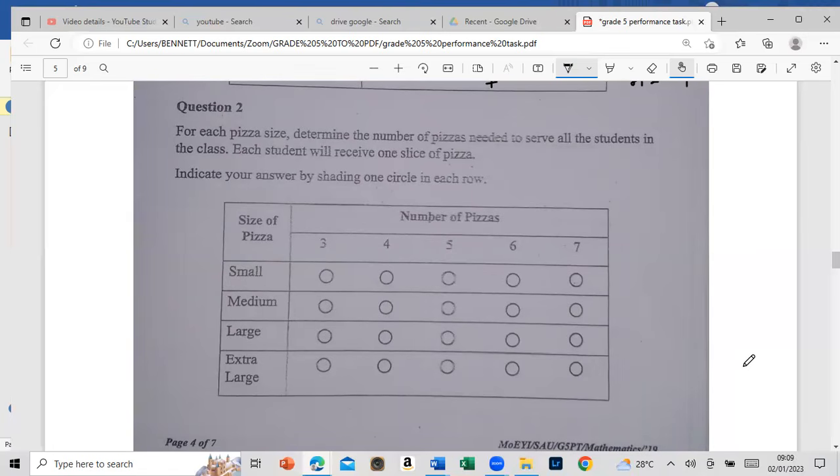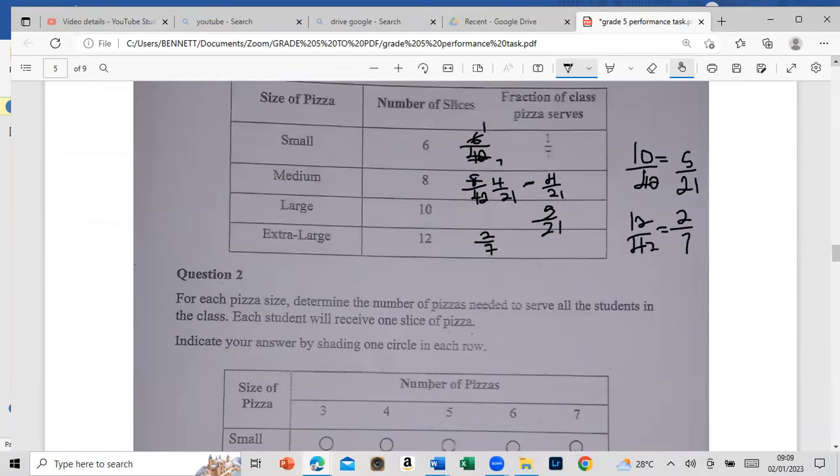So listen again, it says for each pizza size, determine the number of pizza needed to serve all the students in the class. So for small, how many pizza is needed if you're gonna buy small only? All right, so we can actually use the fraction to get that. That's 1 over 7, so it would be 1 over 7 multiplied by 42, and that will give you how many pizza are needed.